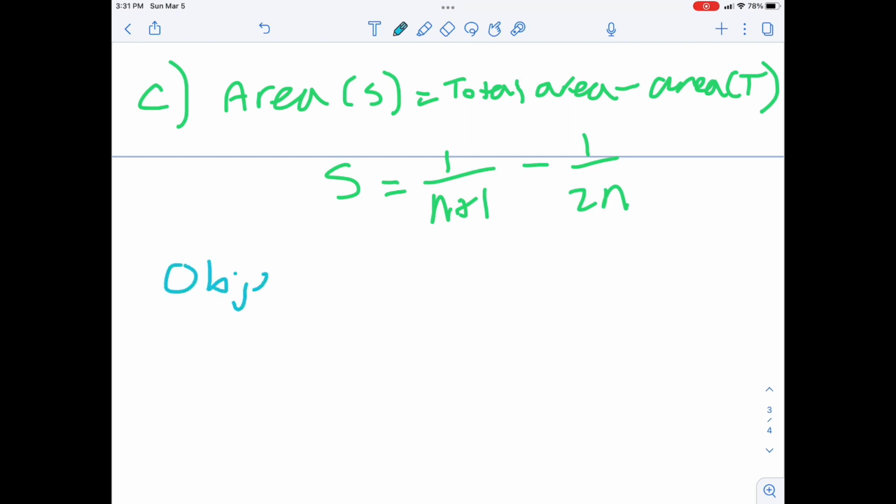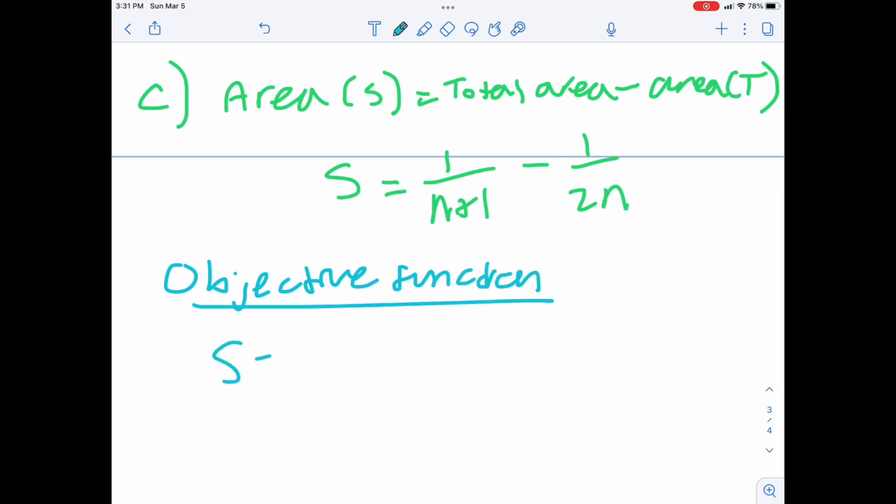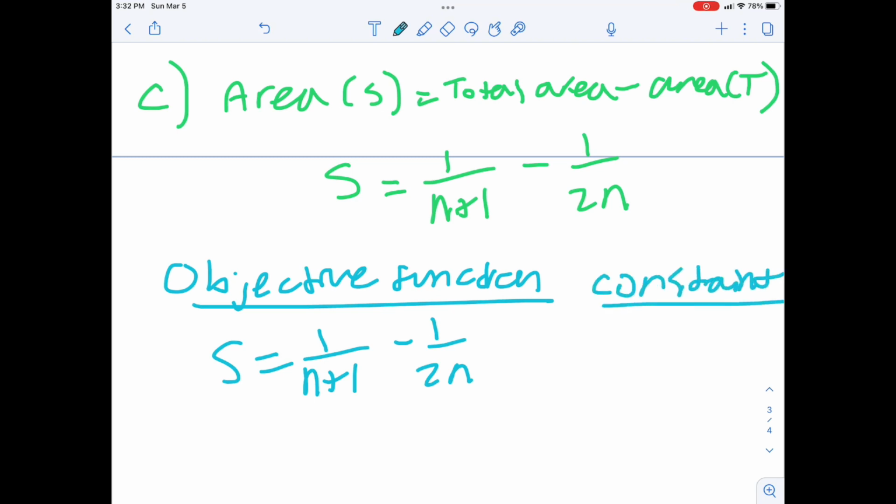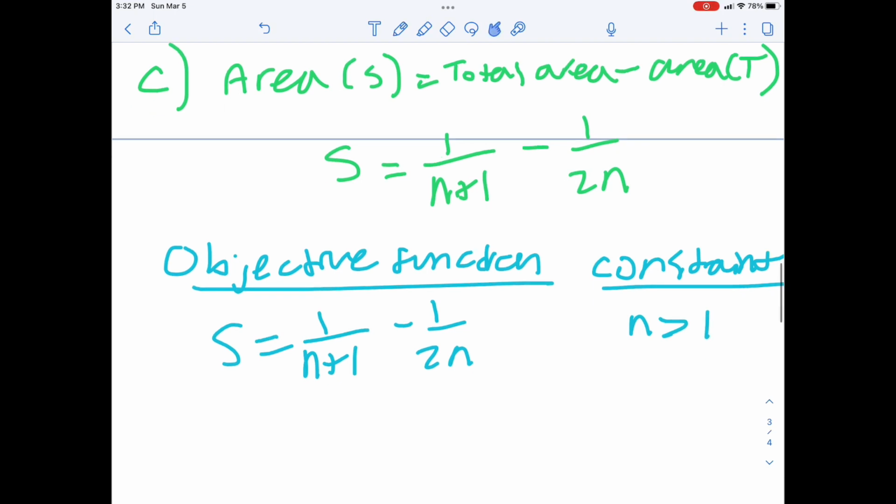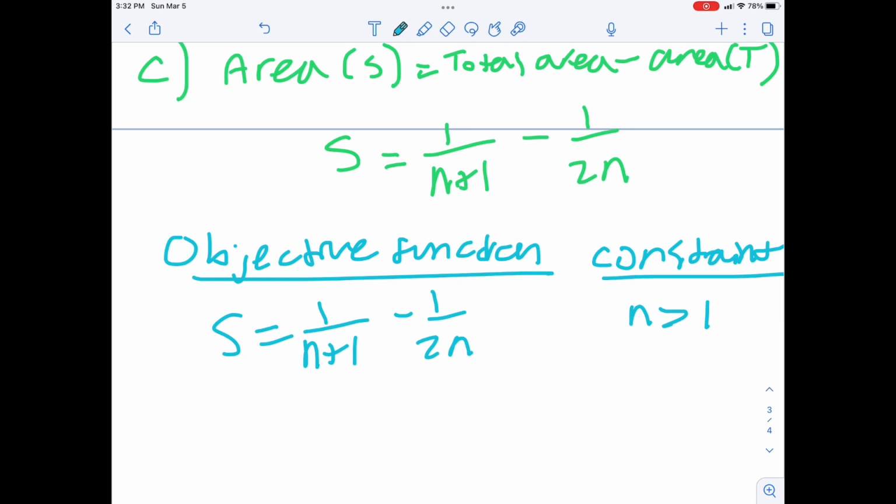So my objective function is the area of S, which is S equals 1 divided by n plus 1 minus 1 over 2n. And then my constraint in this problem isn't super important. Our only constraint is that n will be greater than 1, which I know because they told me that earlier in the problem. And I'll write over here that we want to maximize this area.